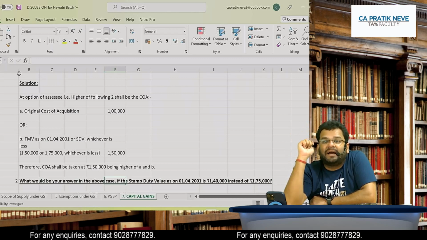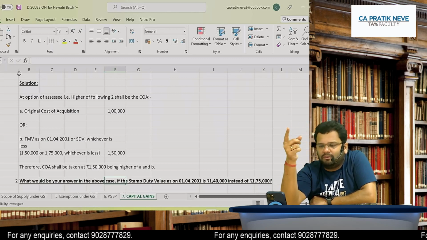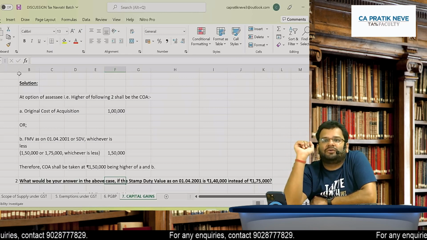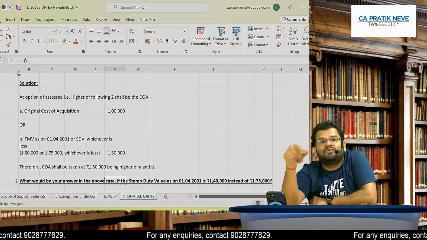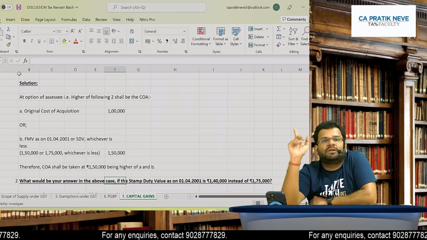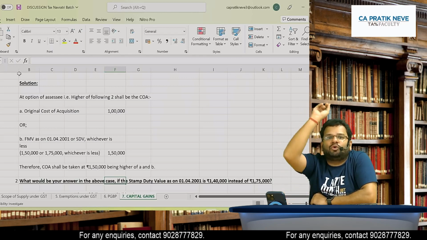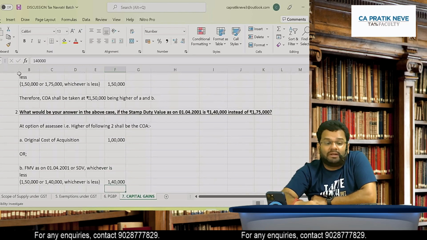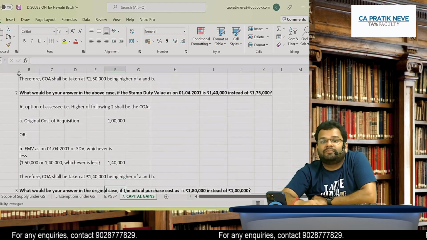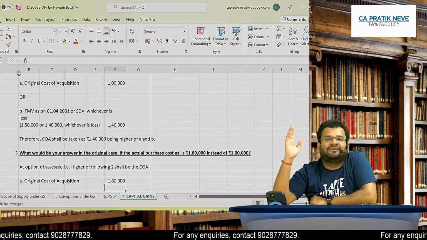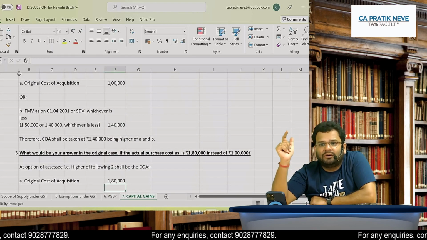Actually it was 1,50,000, but the stamp duty value is only 1,40,000. So in any case your FMV cannot exceed the stamp duty value, so it has to be 1,40,000. Compare that with the original purchase price of 1 lakh and take whichever is higher. So you will take it as 1,40,000. No need to write, it is there in your Excel file. Agreed all of you?